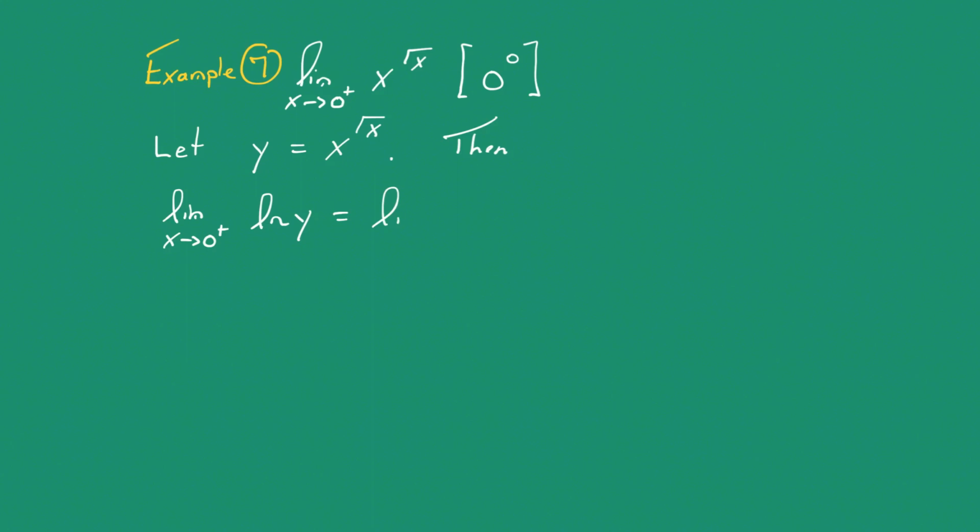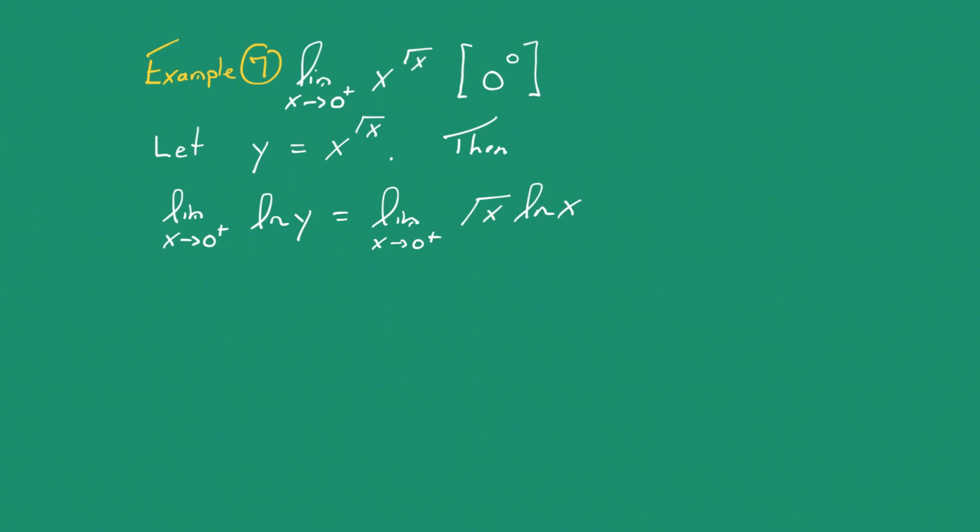All right, well, this is the limit as x tends to 0 from the right. And when we take the log of y, this is the log of x to the root x. This root x is going to come down in front of the log. So this is equal to root x times the log of x.